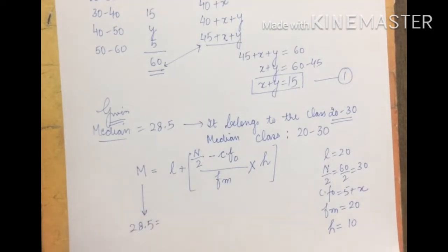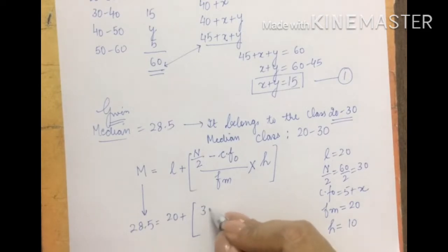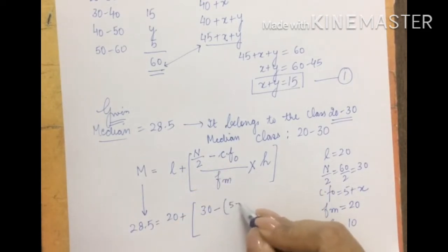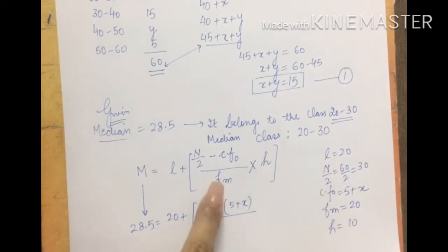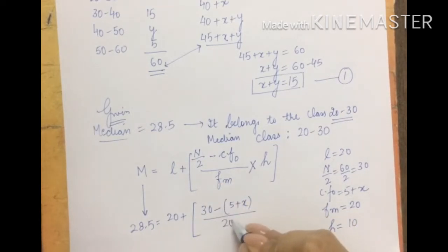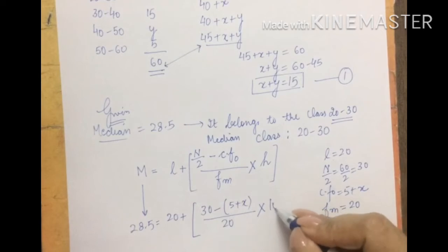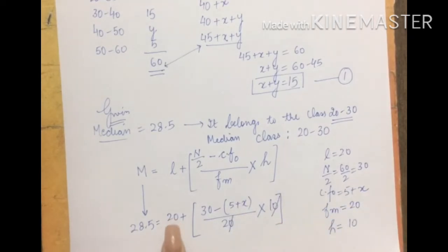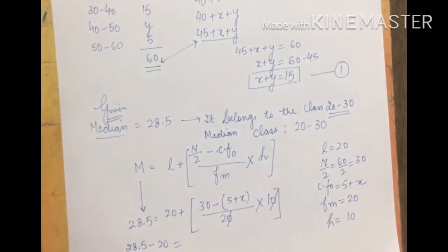Using the value of L, 20 plus n by 2 is 30 minus the cumulative frequency 5 plus x over frequency of the median class 20 into the class size 10. Solve. This gets cancelled. I'm transposing this 20 to the other side. 28.5 minus 20 equals, I'm left with this bracket on the right hand side.